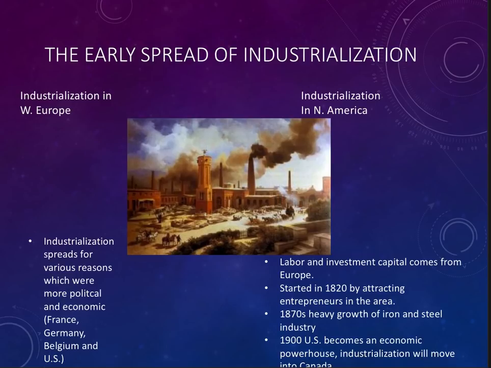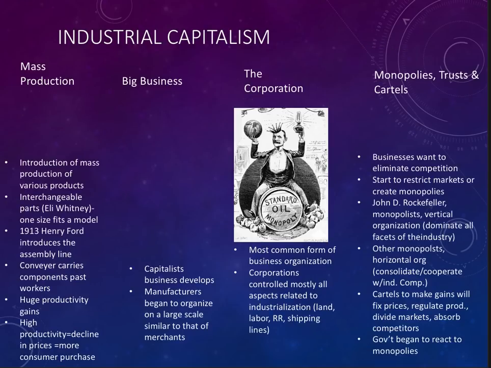So you're going to see a lot of growth in that. By 1900, the U.S. will become an economic powerhouse, and industrialization will move into Canada by this time. So just keep in mind, it doesn't start in the U.S. It starts in Great Britain, moves throughout Western Europe, Germany, France, Belgium, and then, because of these entrepreneurs, it comes into North America.